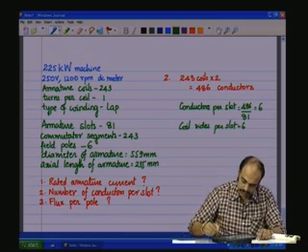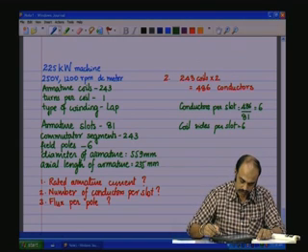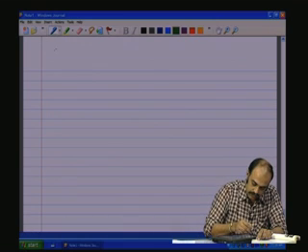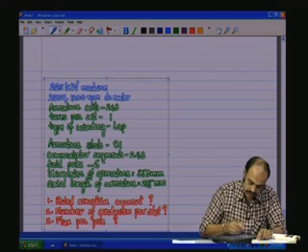Then the third portion, which is, let us say, the flux per pole that we need to calculate. Let us again paste this.